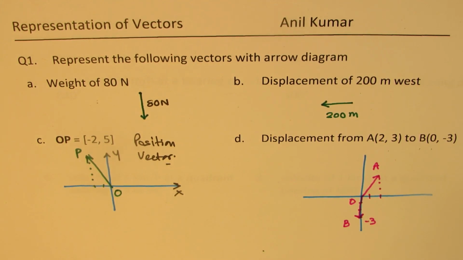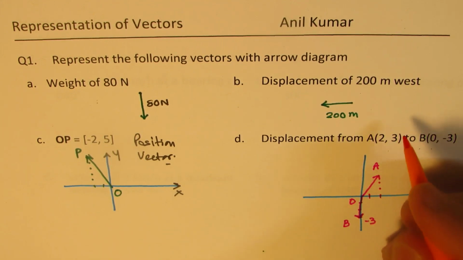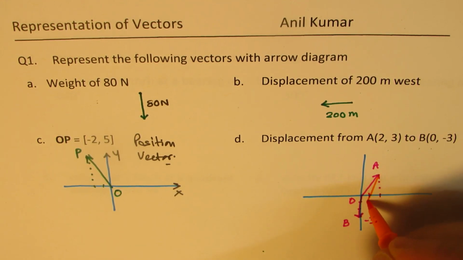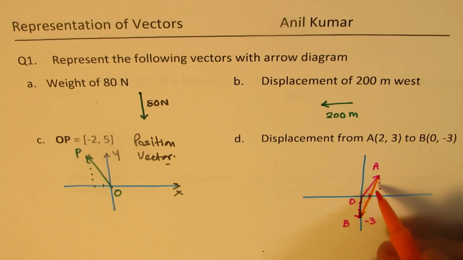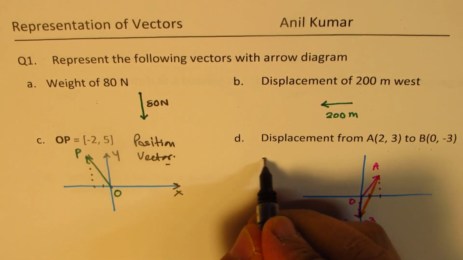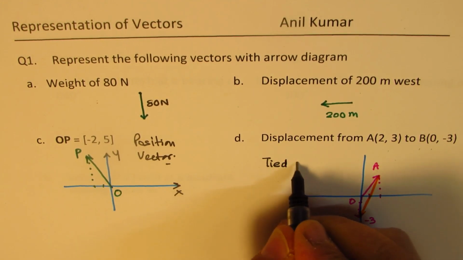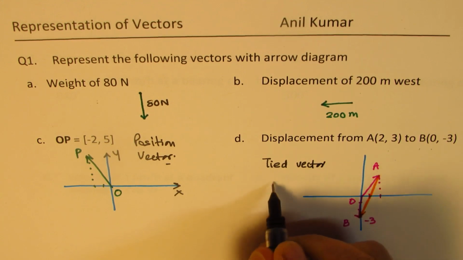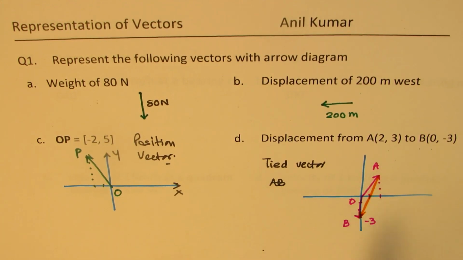So from A to B, the vector is drawn as A will be the tail and B will be the head. So kind of like this. So that becomes the vector AB. So this is the vector AB, right?